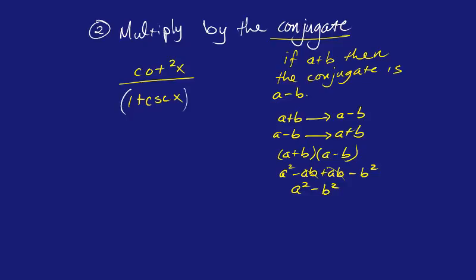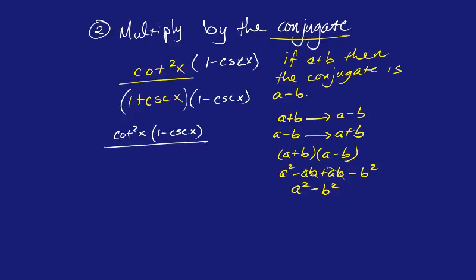So if you see 1 plus cosecant of x, you would multiply by 1 minus cosecant of x on top and bottom. The top would still be cotangent squared, and I'm going to leave it factored, times 1 minus cosecant of x, over 1 minus cosecant squared of x.